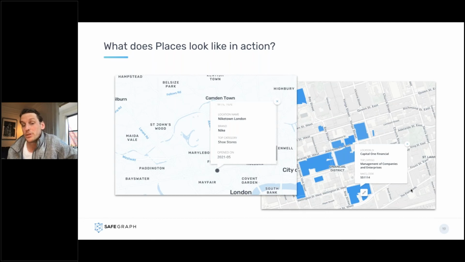And then the particular location that's been selected or clicked on is Capital One. And then the NAICS code, which is an industry code that's kind of the gold standard in North America, is labeled at the bottom. So you can query based on that NAICS code and then see all of the geometries and points associated with them for that particular category of location.